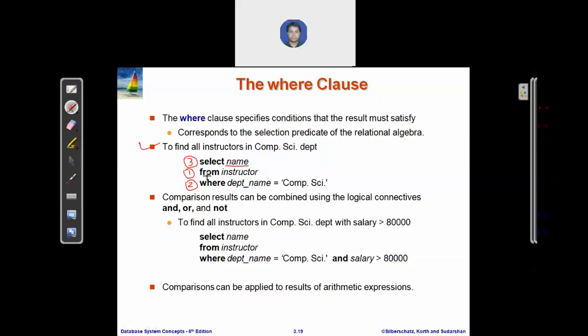First, the from clause will execute and identify which table or tables are the input for this query. In the where clause, you pass the condition on which you get the result, and third, in the resultant table, the columns in which you are interested.